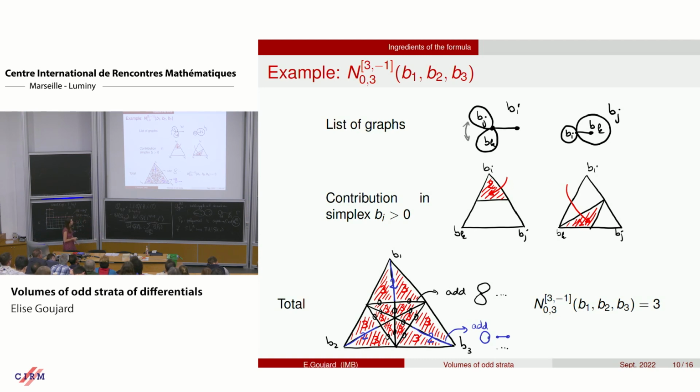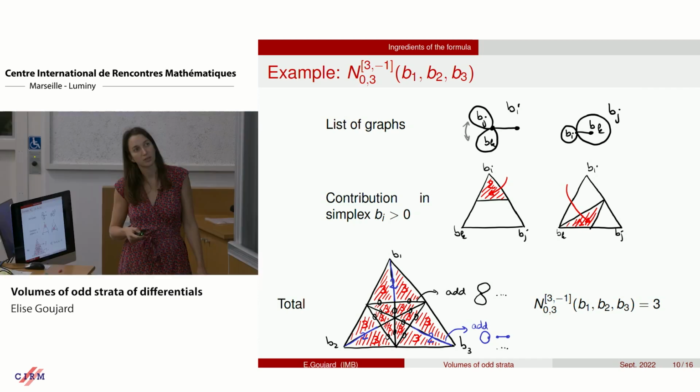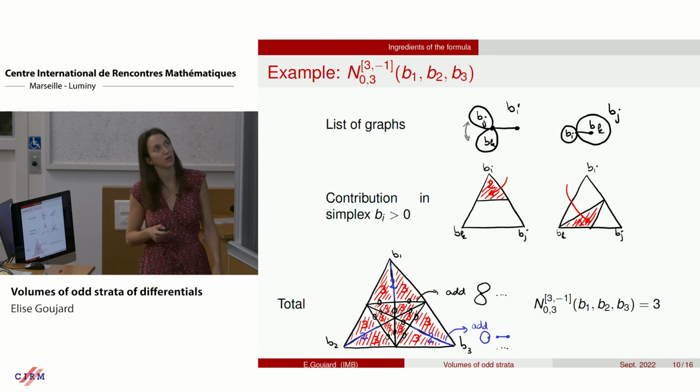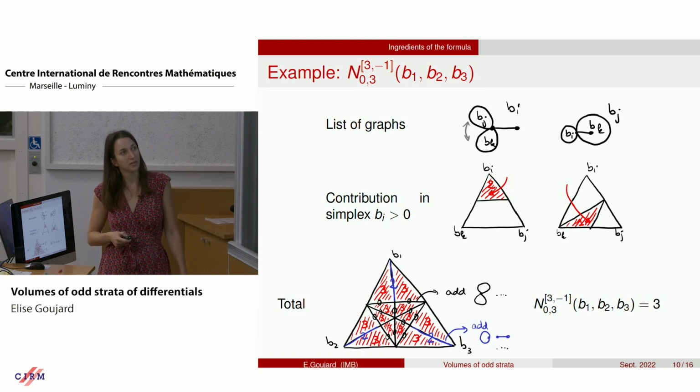So what is the difference between this polynomial and the legit counting function of integer matrix? For instance, here, the missing coefficient 1 would be the contribution of the number of integer matrix on such graph. So here you see that we are on the wall where b1 equal to b2.